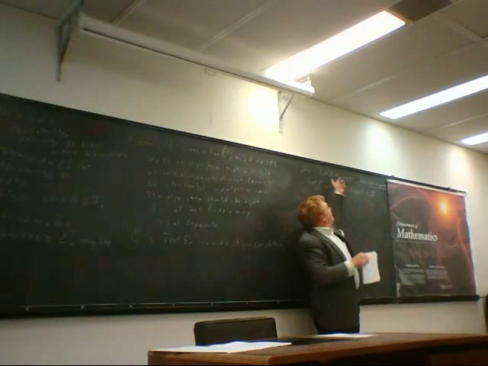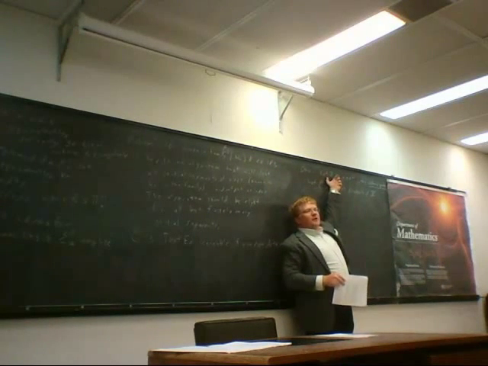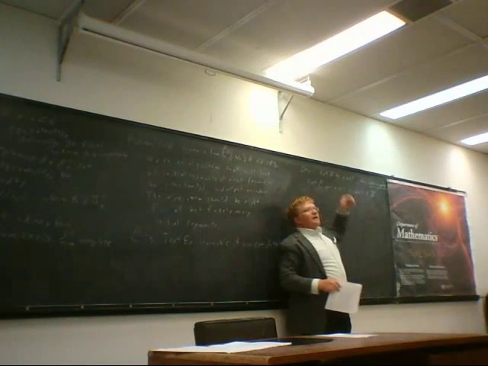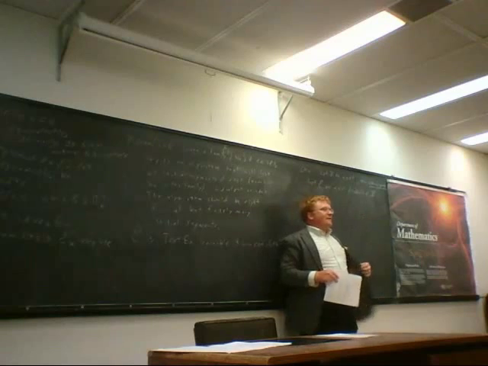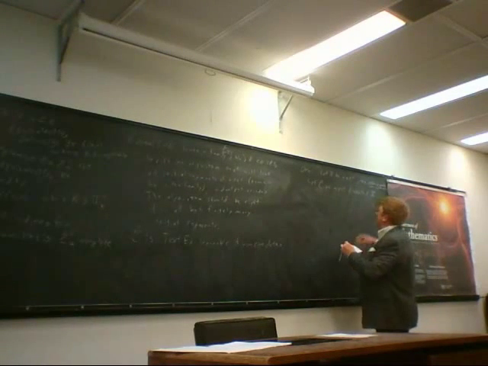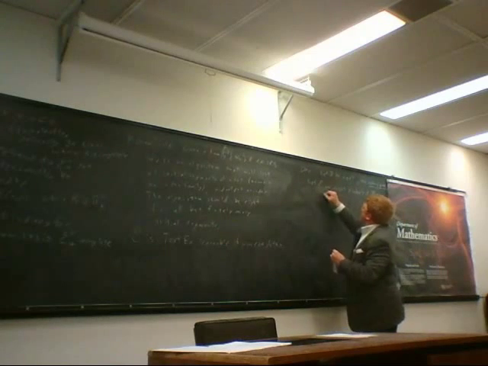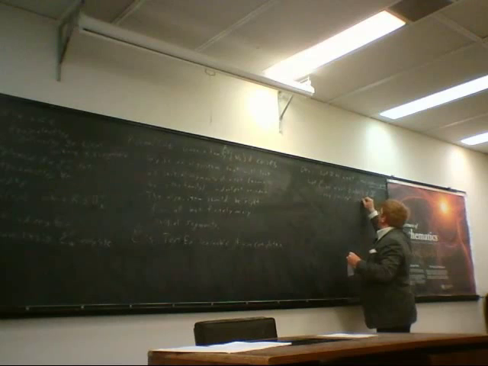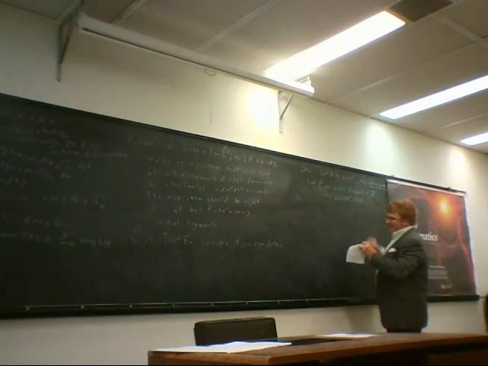It's a subset of X. A subset of X is what we're trying to learn. And C is a collection of subsets of X. We call it a concept class.